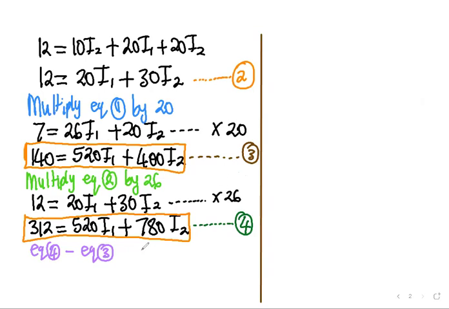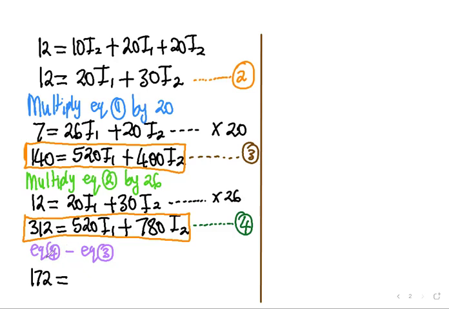So 312 minus 140 gives us 172, which equals 520 I1, subtracting 520 I1 is the same as 0, you leave it. Then you say 780 I2 minus 400 I2. So 780 minus 400, we're getting 380.